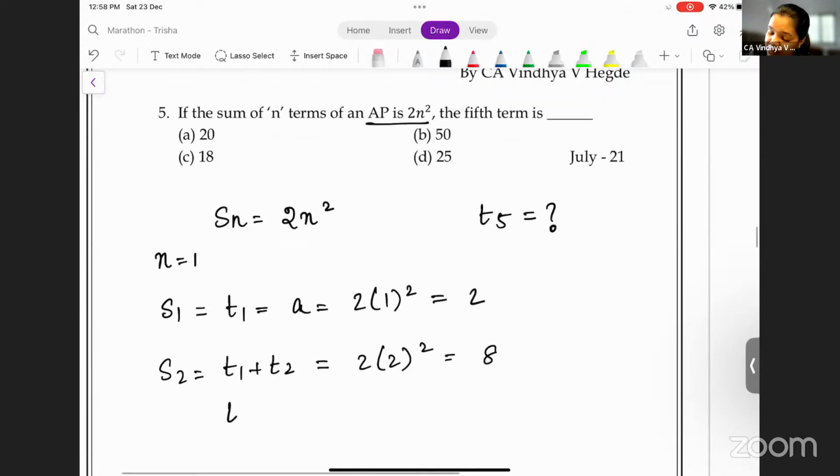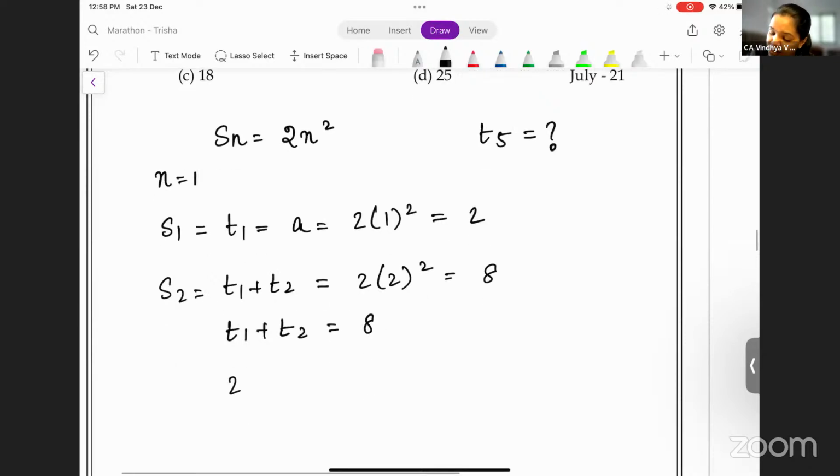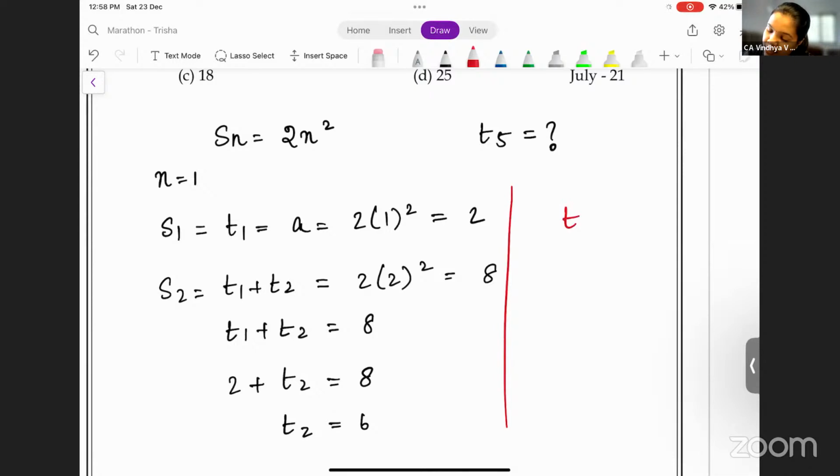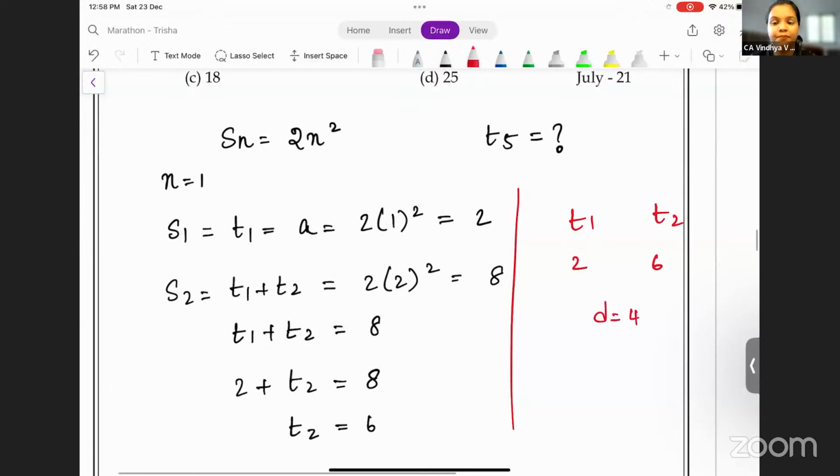So T1 plus T2 is 8, which gets that T1 is 2 plus T2 is 8. That means T2 is equal to 6. Now, if T1 is 2 and T2 is 6, then can I say common difference D is 4? Common difference D is equal to 4. Correct? Is this clear till here?